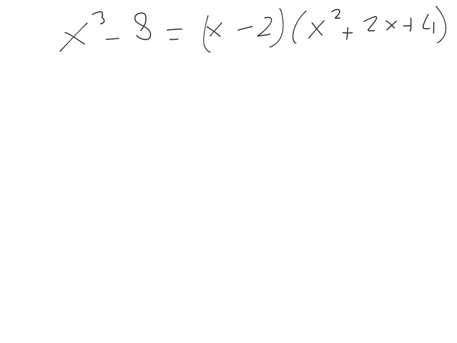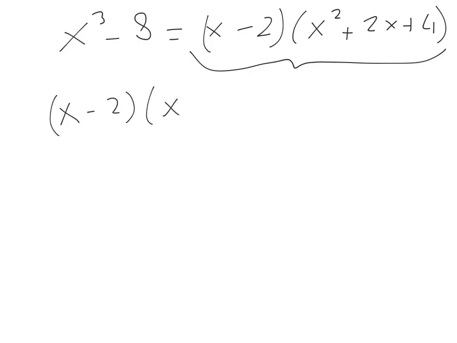So I can write x minus 2 times x squared plus 2x plus 4 equals x minus 2 times p of x.